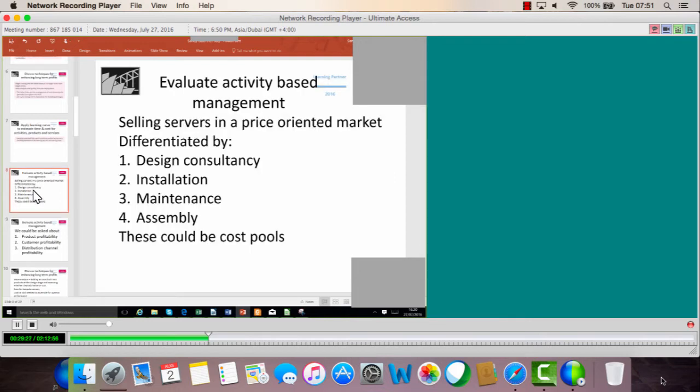So looking at it here, if we're going to make ours more differentiated, and given that this is a market which is very price oriented, then we would have to make sure that our design consultancy, installation, maintenance and assembly was perceived to be so good that it justified a price which was over and above the price that it costs us to provide it. So that's quite an important point.